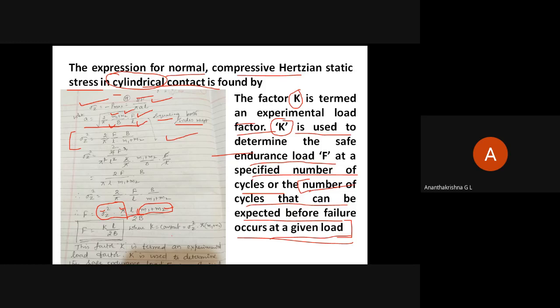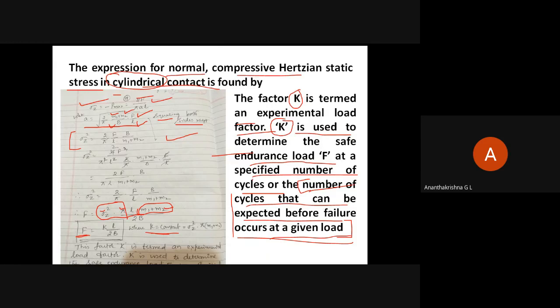We are replacing that by another constant called k. This factor k is called the experimental load factor. From this we can find the number of cycles that can be expected before failure occurs at a given load. That is, at a given load of F, we can get the number of cycles before failure.